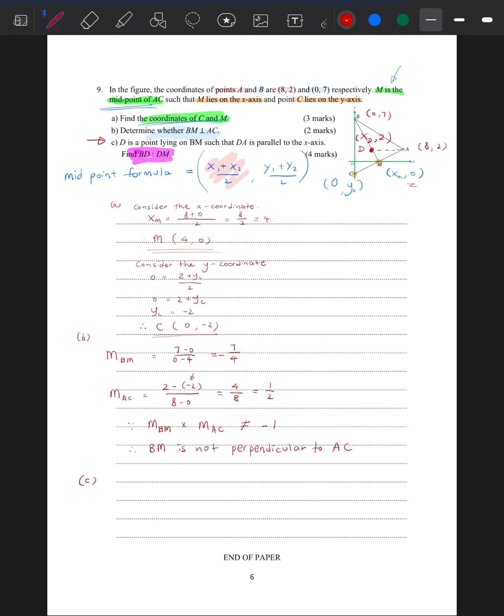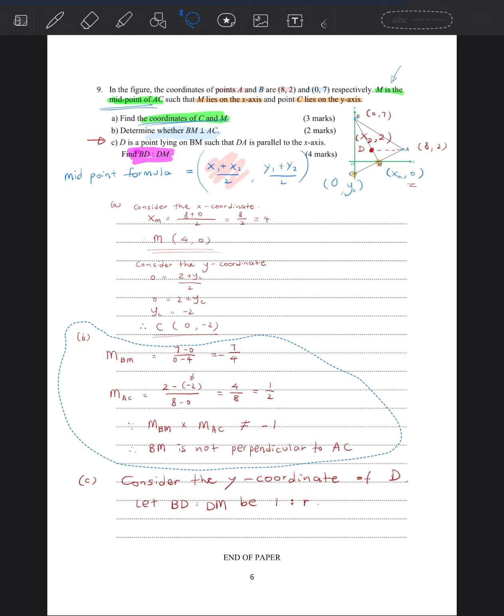We don't really need to find the x-coordinate of D. Because with the section formula, we can consider the y-coordinate of D. So we only need to consider the D, and also we have to let BD to DM be 1 to r.